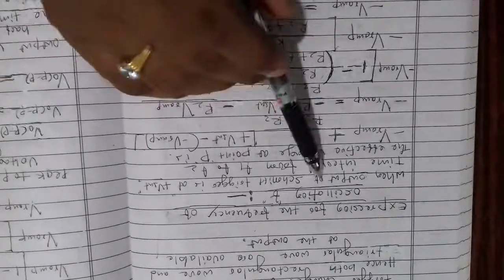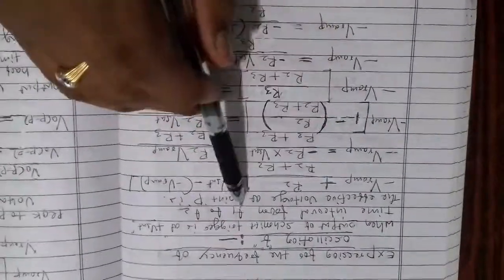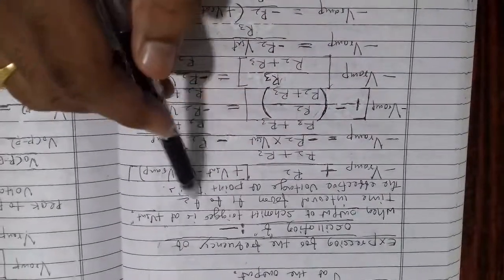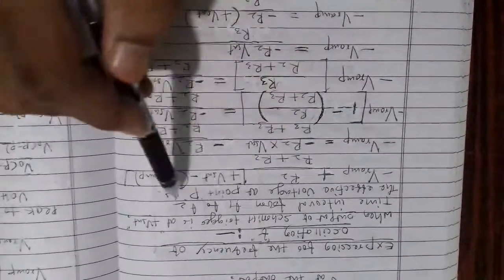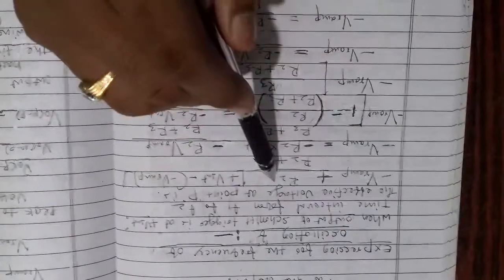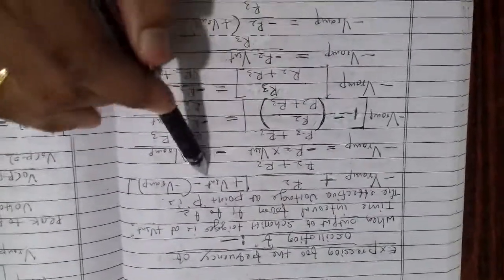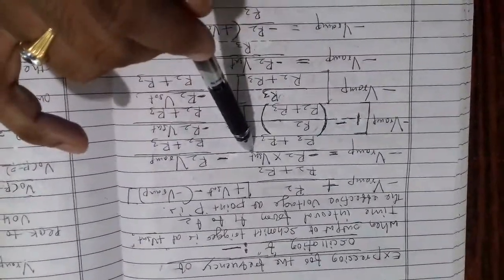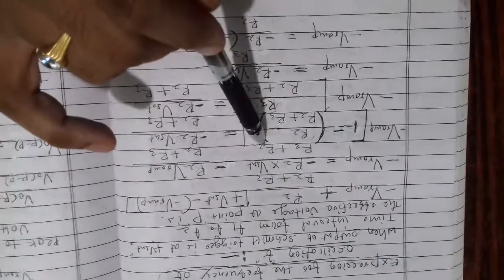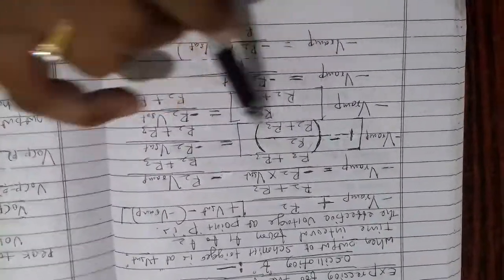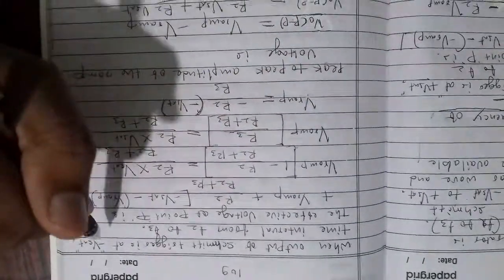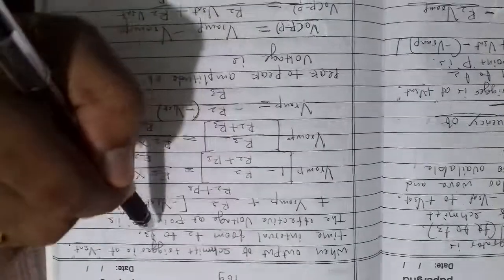Expression for the frequency of oscillation F. When the output of Schmitt trigger is at plus V saturation, in the time interval from T1 to T2, the effective voltage at point P is Vref plus R2 upon (R2 plus R3) into (minus Vref) plus R2 upon (R2 plus R3) into V saturation. Then the output of Schmitt trigger is at minus V saturation, in the time interval from T2 to T3.